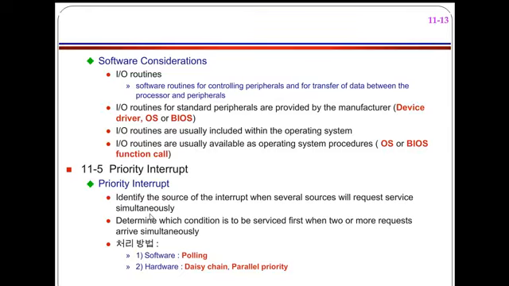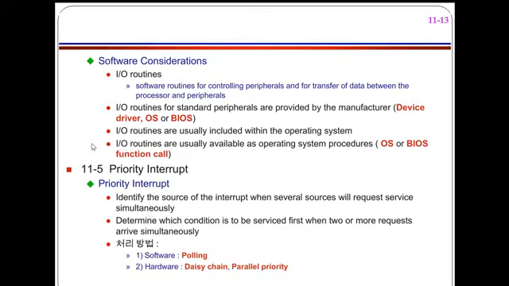Later on, it provides the service to the keyboard. So based upon the priority, you provide the services. During your device driver installation, you specify the priorities for all the input and output devices one by one.